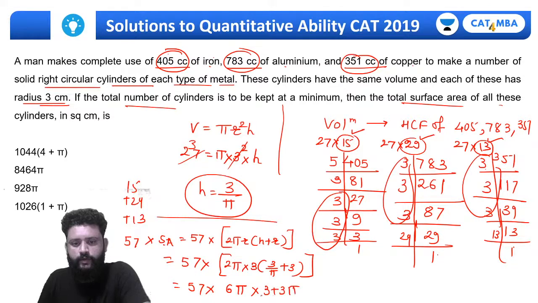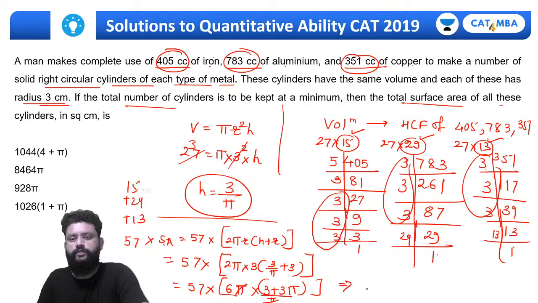Pi gets cancelled. 57 into 6, 7 sixes are 42, 4, 34, 42 plus, can take common, bracket it is 1 plus pi.